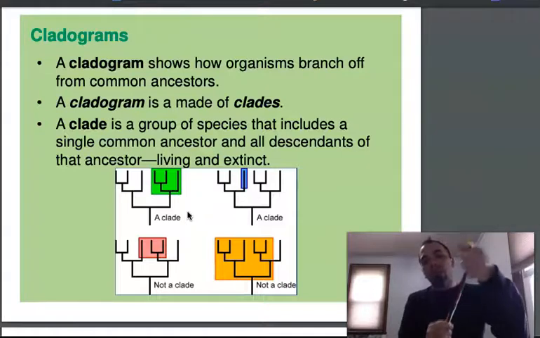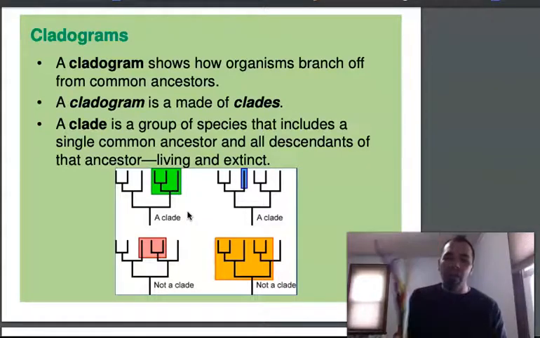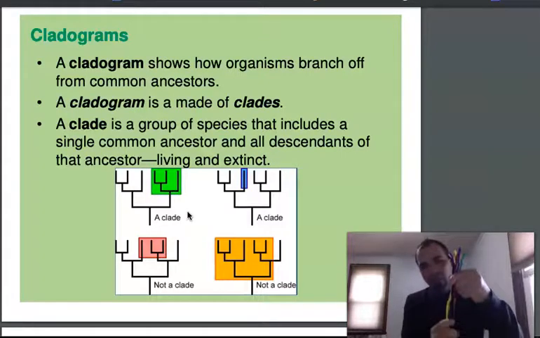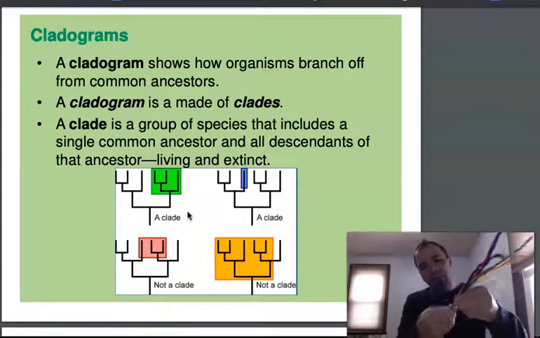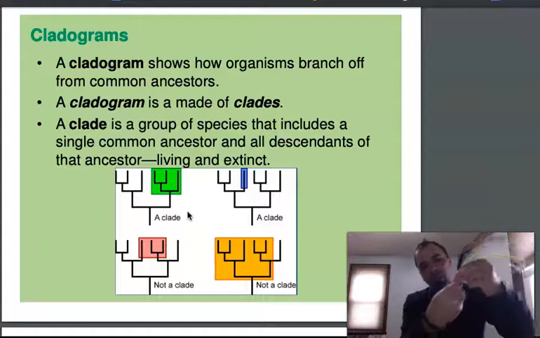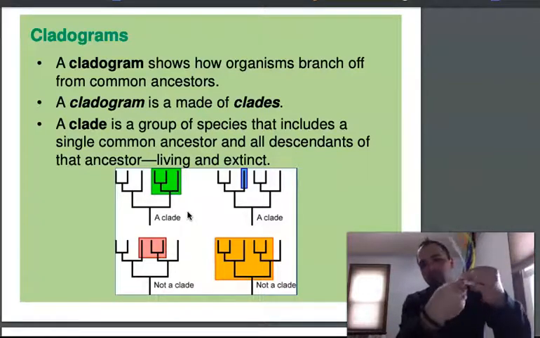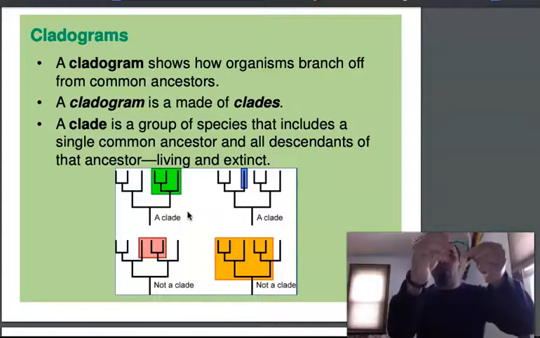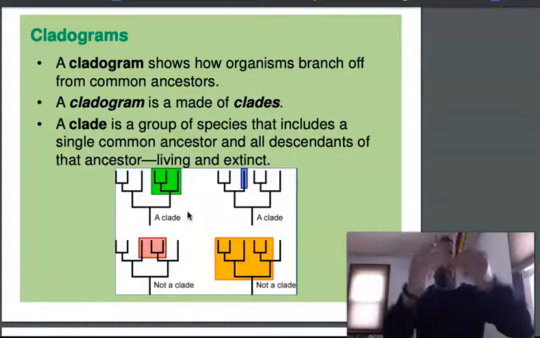What we would have done in class is we would have had these pipe cleaners. I have 8 different colors of pipe cleaners. At the bottom, if I twist these pipe cleaners together, this would represent a common ancestor. Then over time, something may happen, and this green one may branch off.